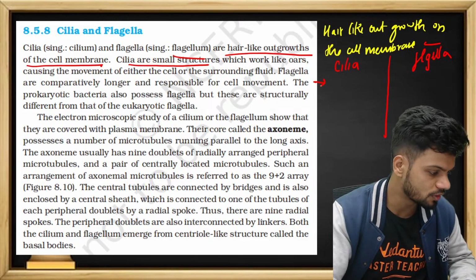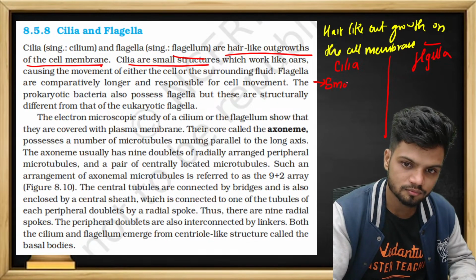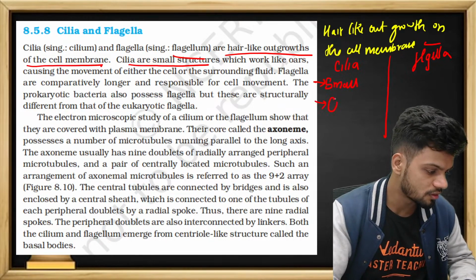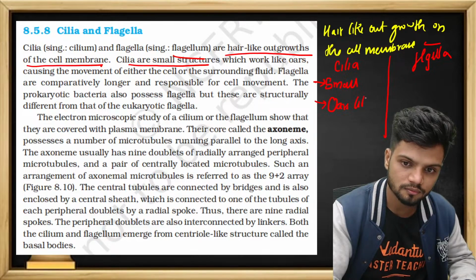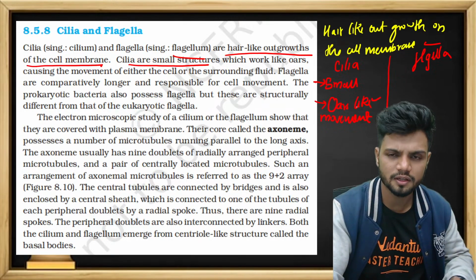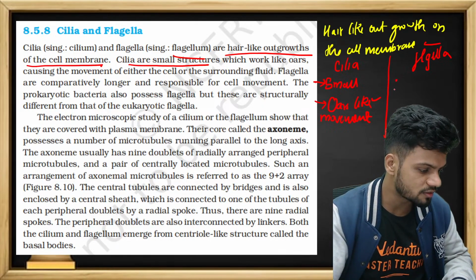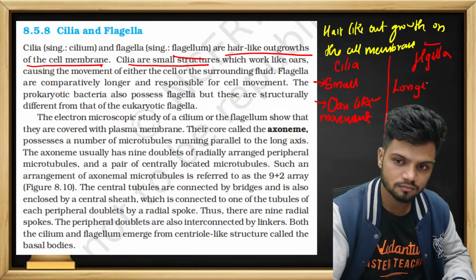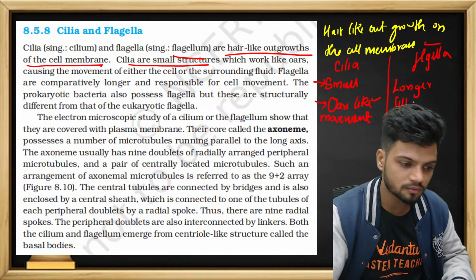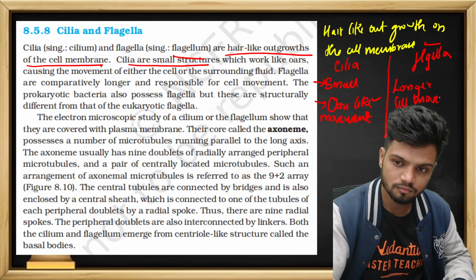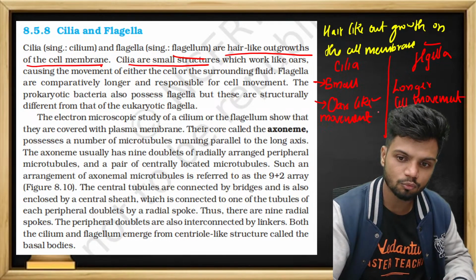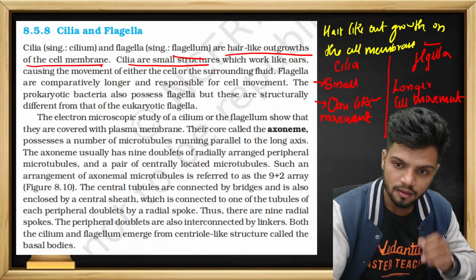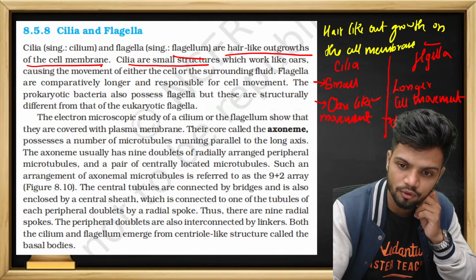Cilia is much smaller and it shows oar-like movement. Actually, what is oar-like movement, in the next 2 minutes. Flagella is longer, helps in cell motility, cell movement, yes. And flagella is different in prokaryotes.